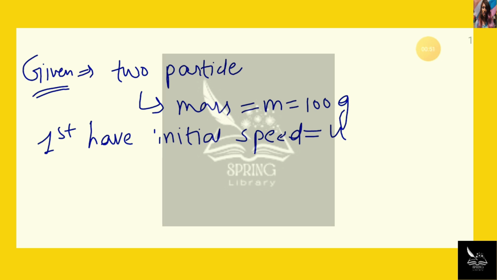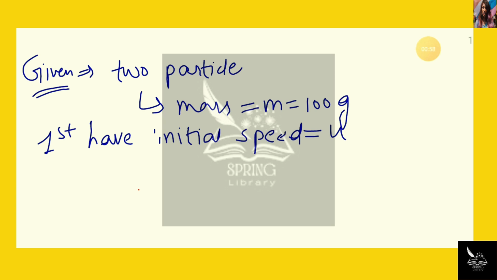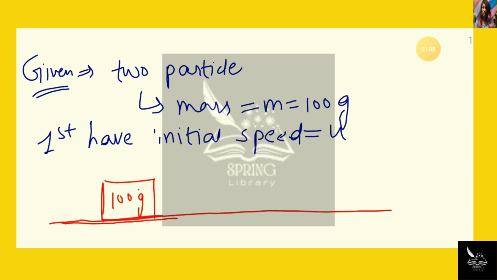rest condition. That means if I draw a diagram to explain the given data, I can say that this is the first particle, and the mass given in the question is 100 gram. This mass has an initial speed u, and in this figure there is another, second particle whose mass is also the same, 100 gram, which is initially at rest condition.